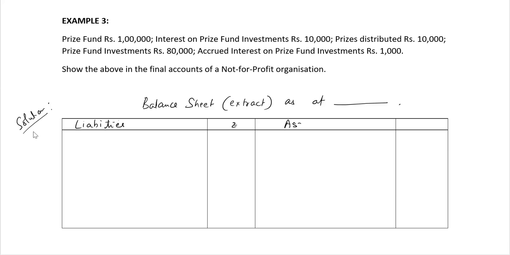And on the right side assets. We'll begin with the price fund amount. The price fund amount is rupees 1 lakh. We'll insert the price fund investments of rupees 80,000 on the asset side of the balance sheet.